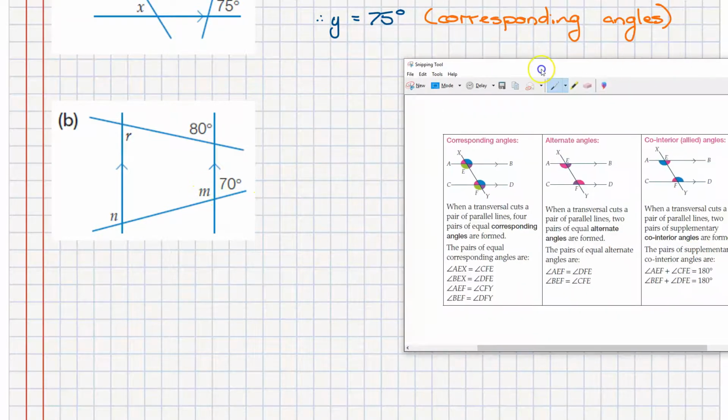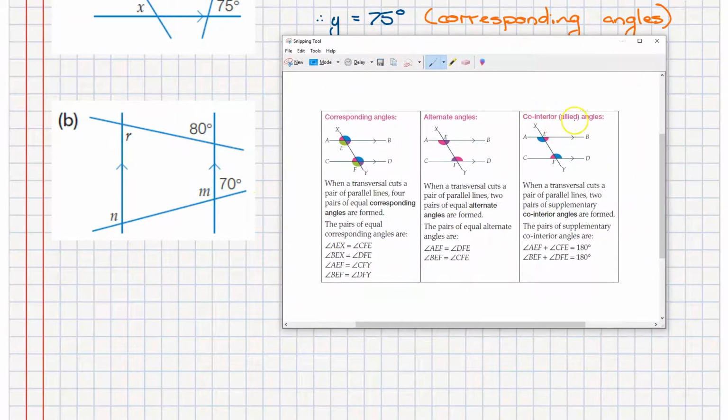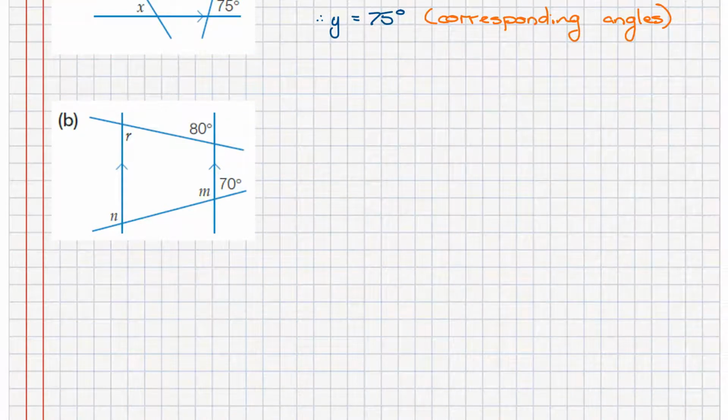The reason is that if we look at our cointerior angles, this m and this 70 need to sum up to equal 180 degrees, because they're on the same side and between these two lines it must be 180 degrees.